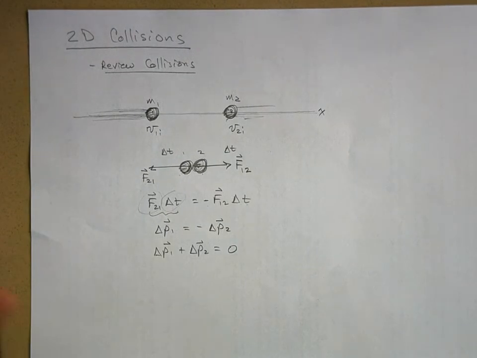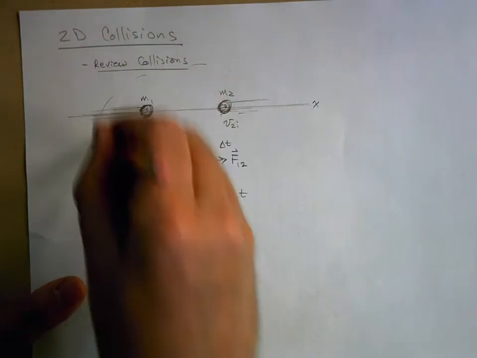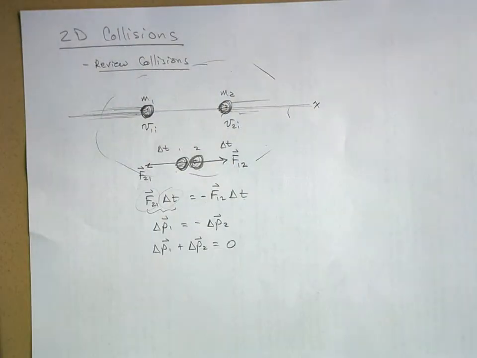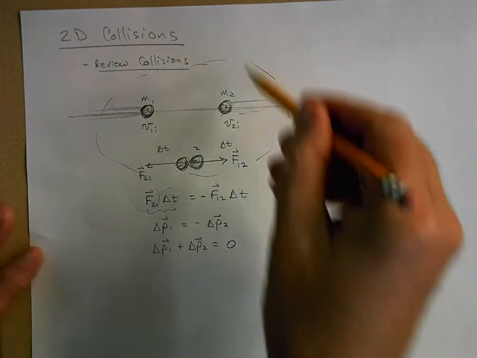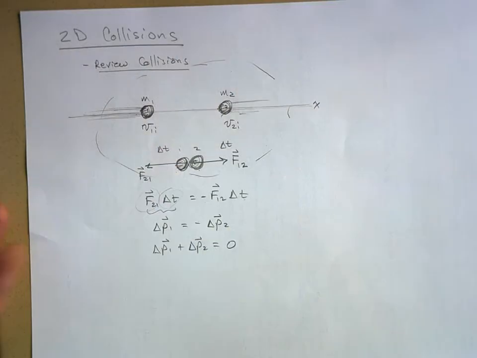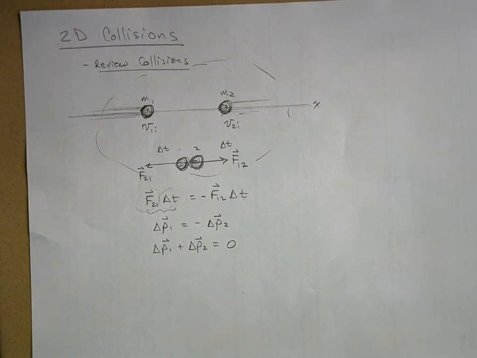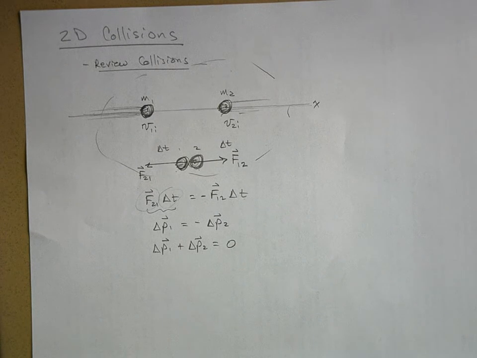What this means is that if I make these two objects my system, and there are no forces from the outside of this artificial boundary that defines my system, if there's no net outside force acting, then the momentum of the system doesn't change. It's conserved.